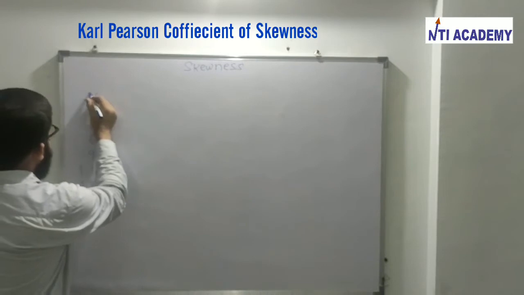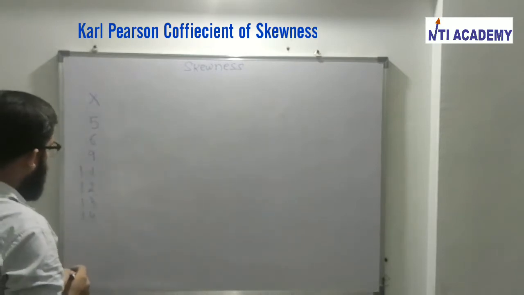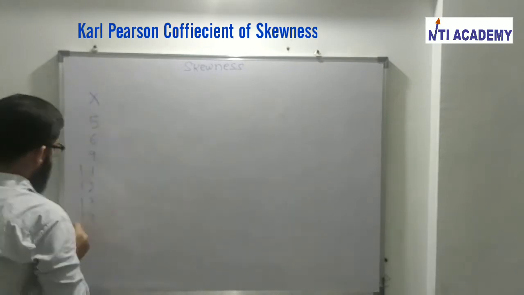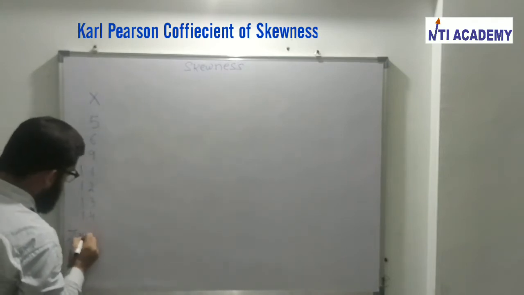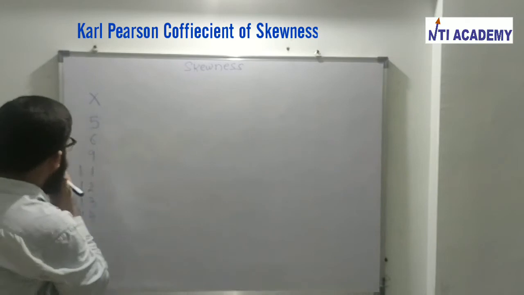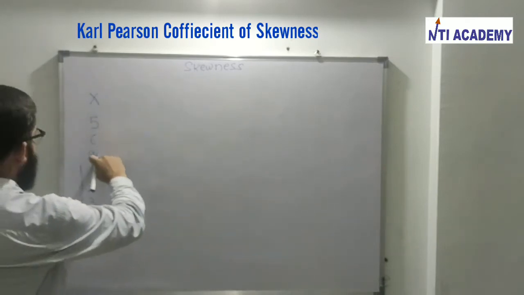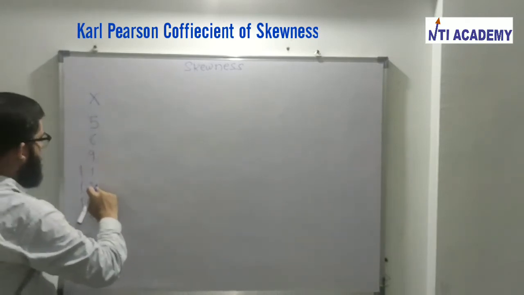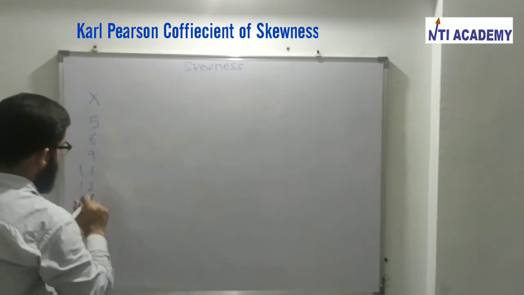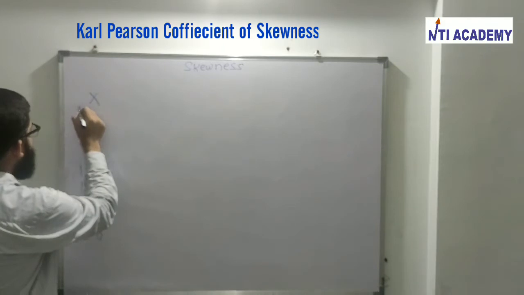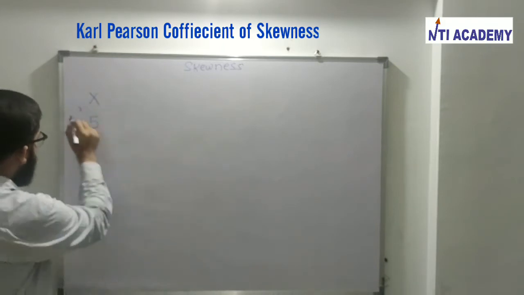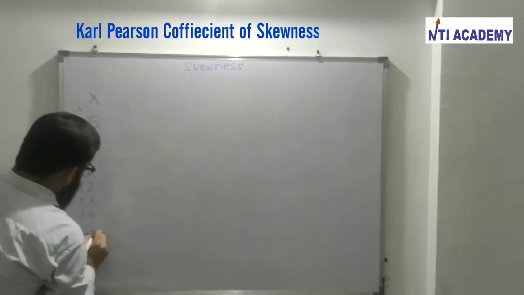As you are all aware, first we will take the summation of x: 5 plus 6 is 11, 20, 21, 23, 26 and 4, 30, so the sum is 70.